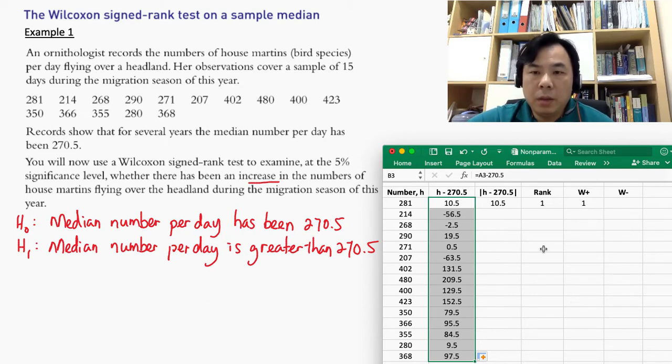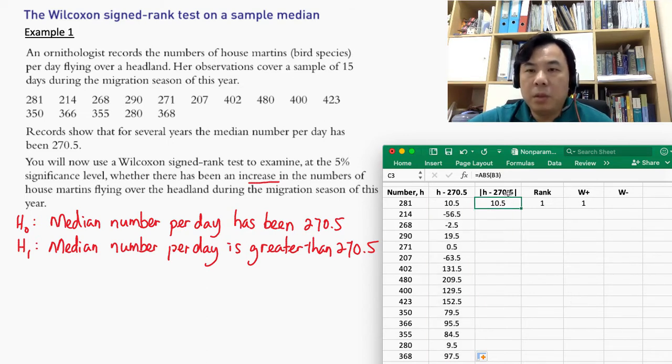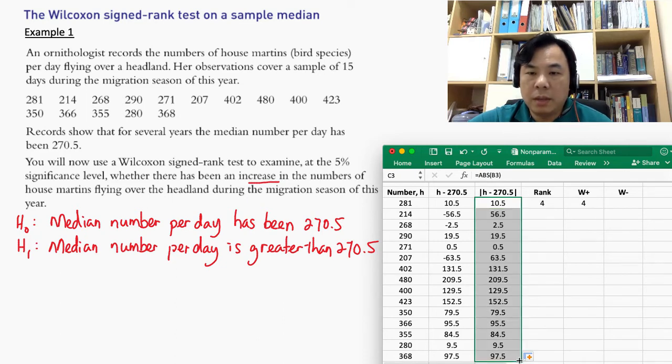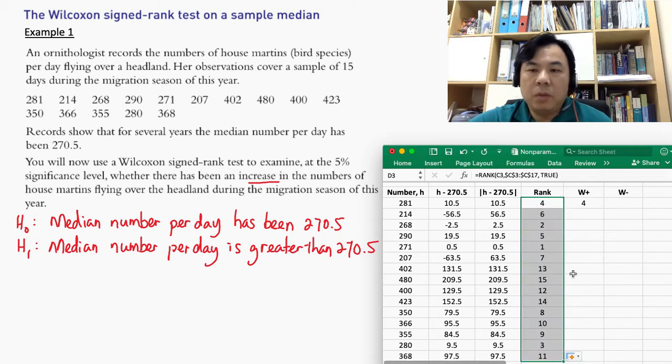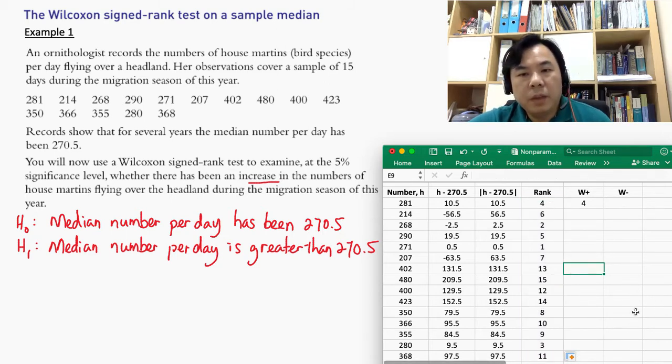Now next, we're going to obtain the absolute deviation without taking into account the sign itself. And then after that, we're going to rank all of these based on the number. Most probably 0.5 will be rank number 1. Let's see whether that's true. Yep, so you have all the ranks there. But of course, in the exam, you have to do it manually on your own. Okay.